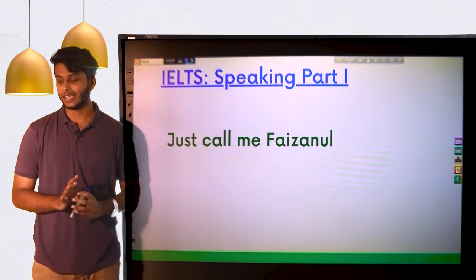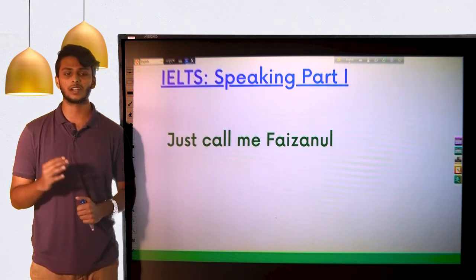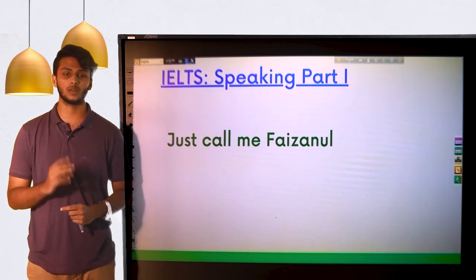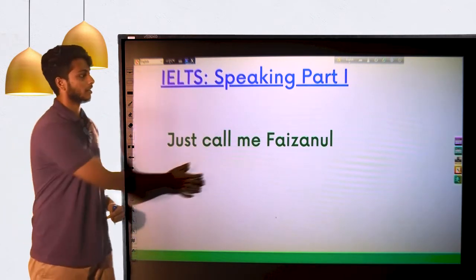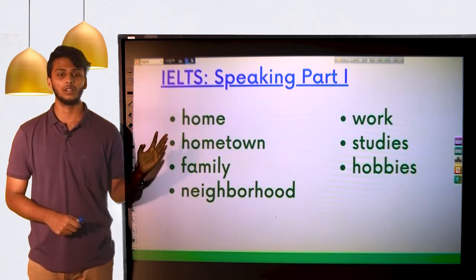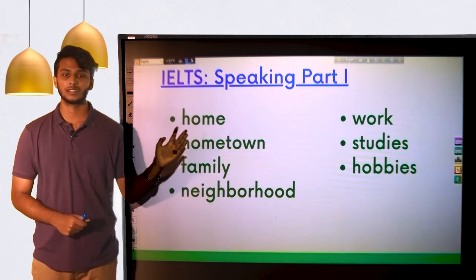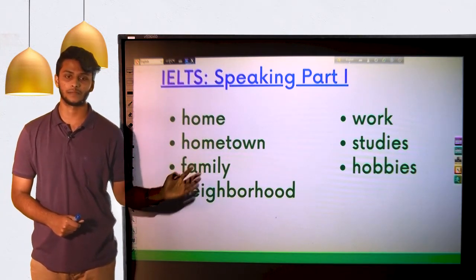Then the examiner would move on to ask you a couple of questions on just one topic. That can be either your home or hometown, family, neighborhood, work, studies, or hobbies.